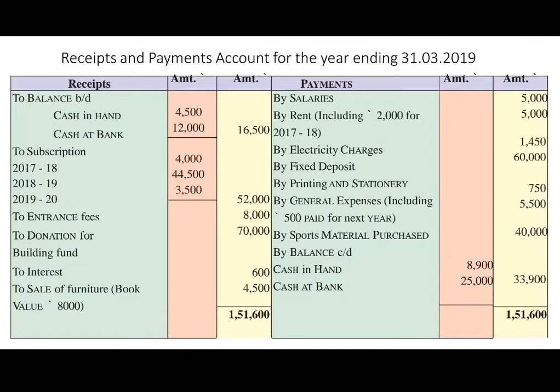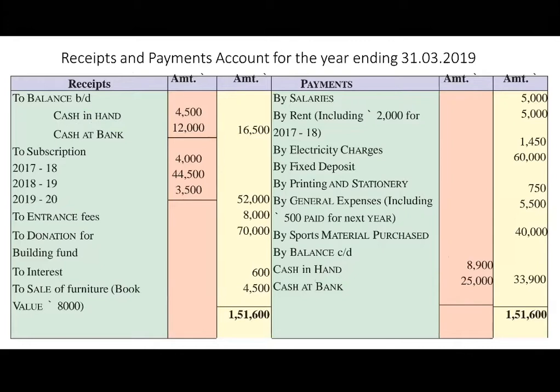Now the next is subscription. The next is subscription. So again 3-year subscription is given. ठीक है. 2017-18 का 4,000 दिया है, 18-19 का 44,500 दिया है और 2019-20 का 3,500 दिया है. Total is 52,000. Okay. So 3 साल का subscription दिया है. The very first thing you are going to find out is which is your current year. आपका current year कौन सा है तीनों में से?